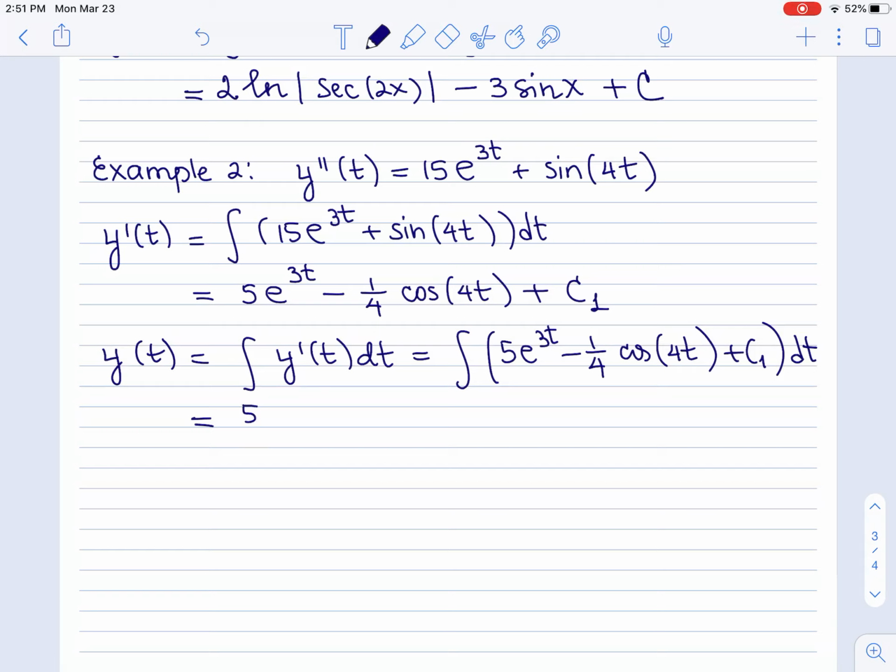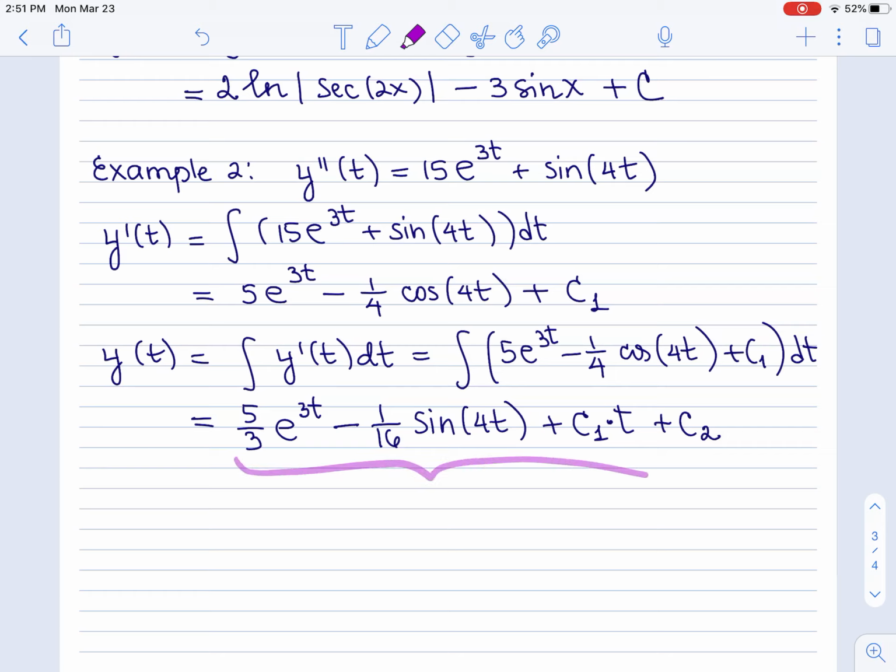Okay, so this would be 5/3 e to the 3t minus 1 over 16 sine of 4t plus c1 times t and plus another constant c2. Okay, so this is your general solution to the differential equation.